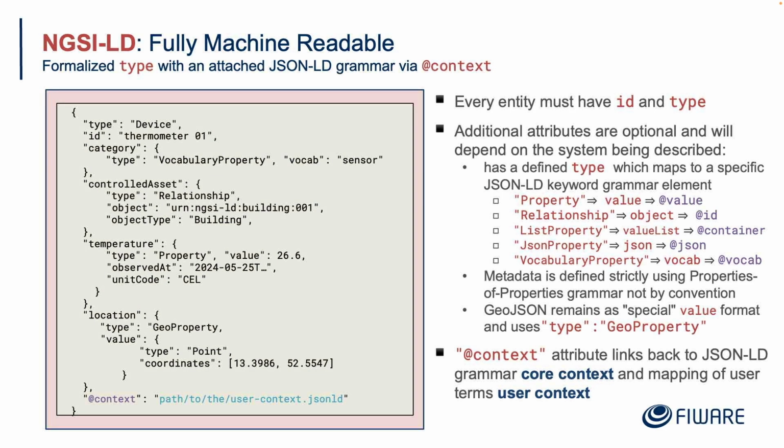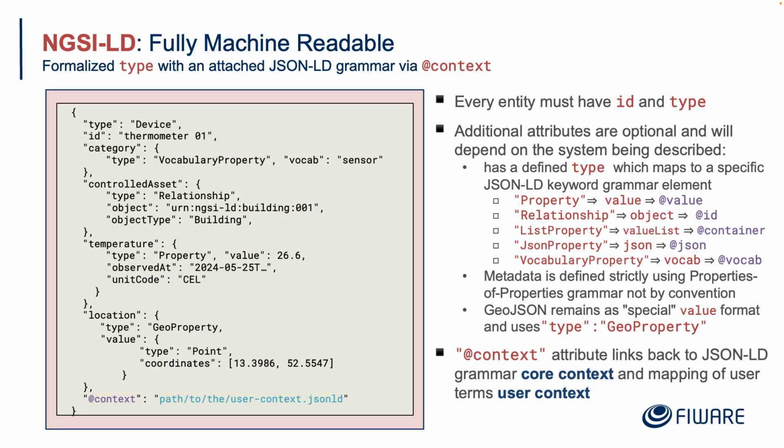We've got different keys for the different types of data you're talking about. So a temperature is a property, therefore it has a value, but a controlled asset is a relationship, therefore it must have an object. Furthermore, either directly or implied, there is an at context to this element.